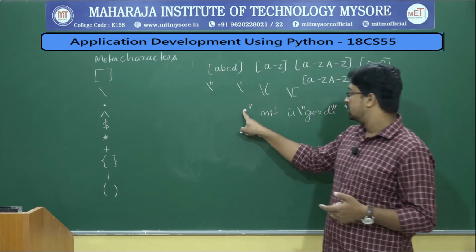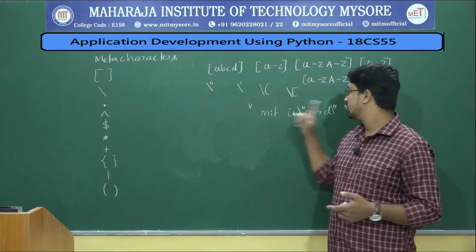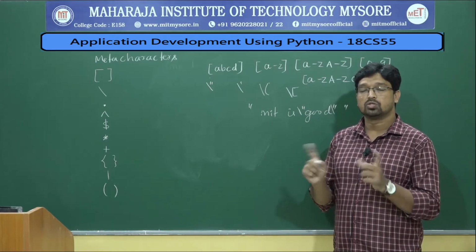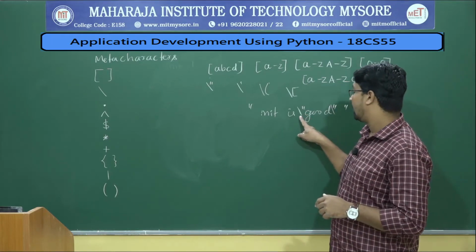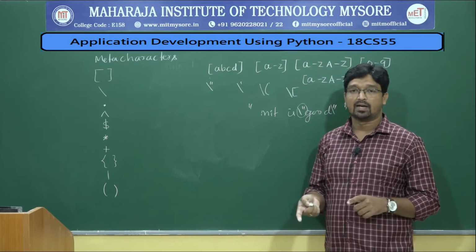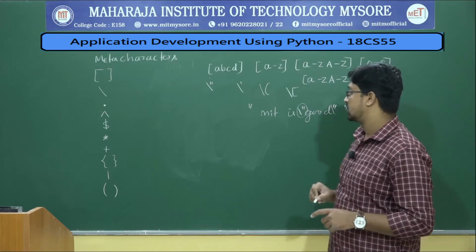So a double quote without a backslash is called a normal quotation, where strings are enclosed with double quotes. But whenever you have a backslash character, this is treated as a special character to be matched. So this is how you use backslash.